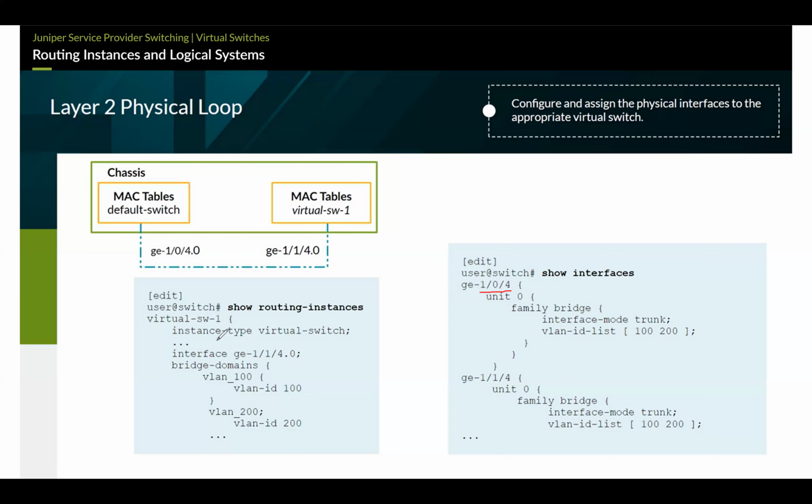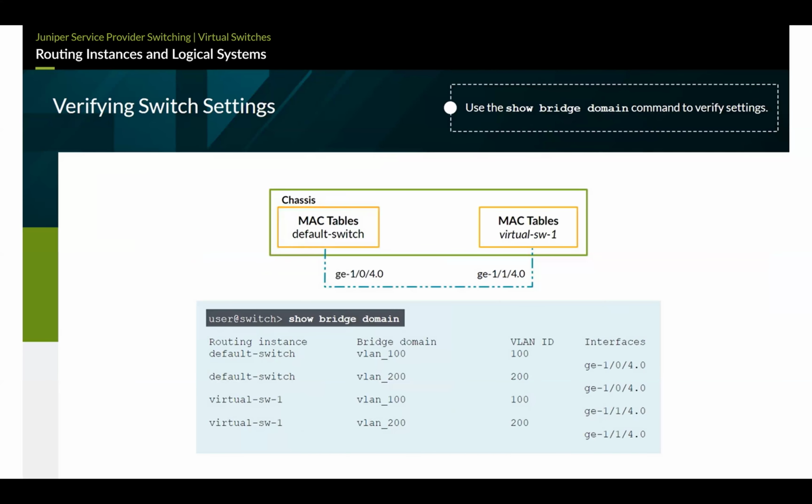If you attach this interface under the virtual switch, that is okay. This interface will be in the virtual switch. Other steps are as before. Nothing changes. Another checking or verification is similar.